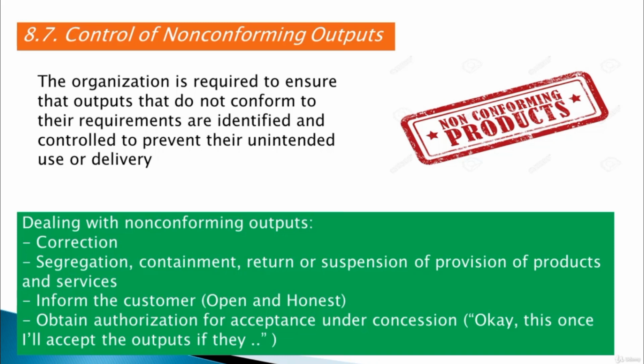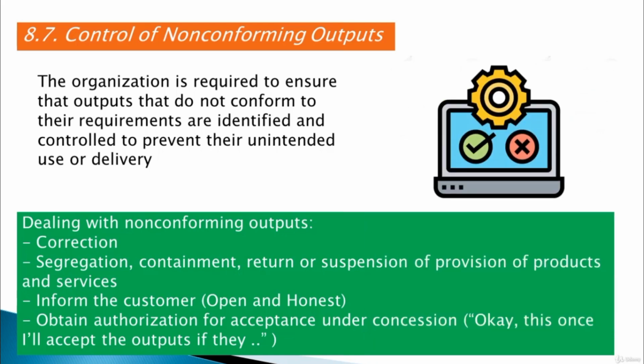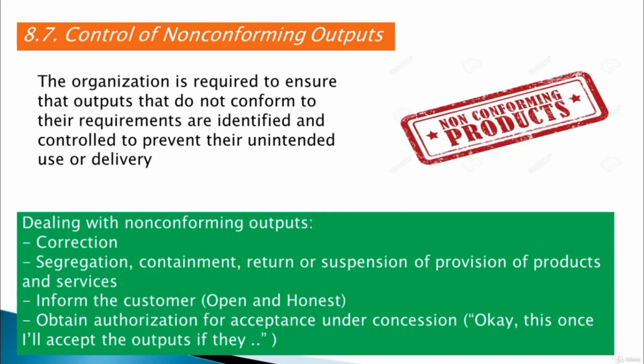Of course, after fixing the non-conforming output, the organization needs to verify that it has actually fixed it by putting it back through maybe any testing or verification process that it has. And in dealing with non-conforming outputs, it also means segregation, containment, return, or suspension of provision of products and services.